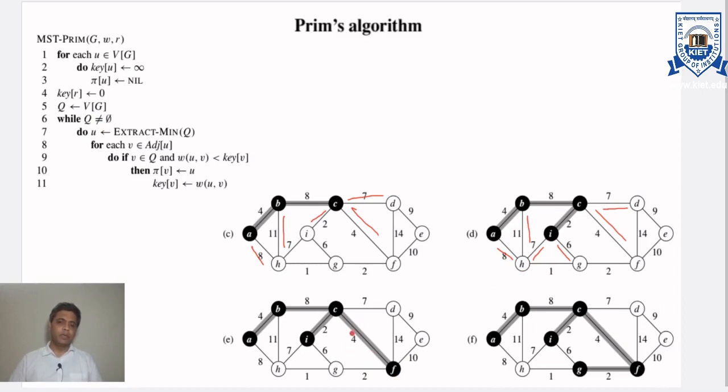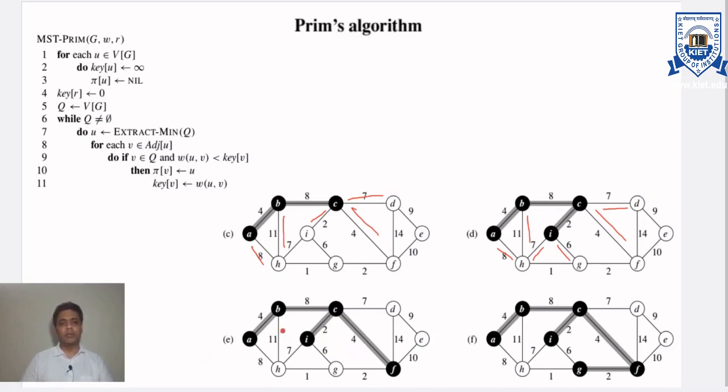Notice we are not going to check whether it is creating a cycle or not. We are just considering each and every edge, and how it ensures that there is no cycle associated with that. This assurance is from here. See, we are not going to consider any edge which is already selected. So the cycle will not be created.